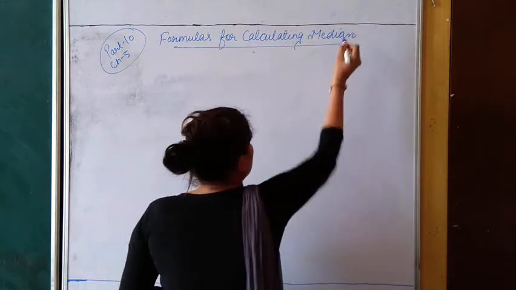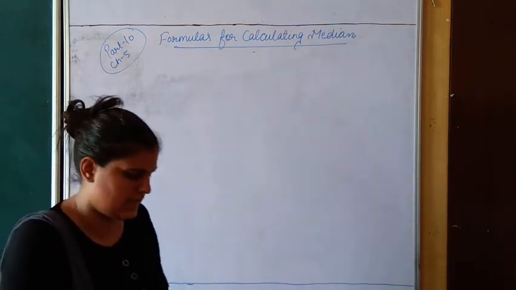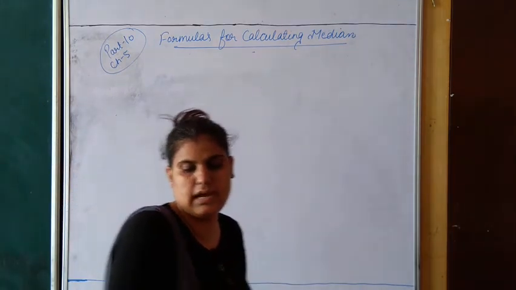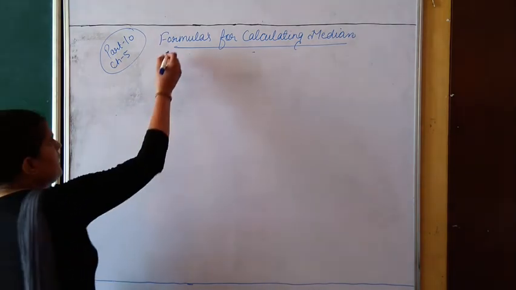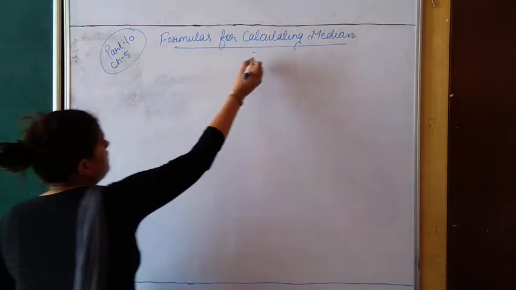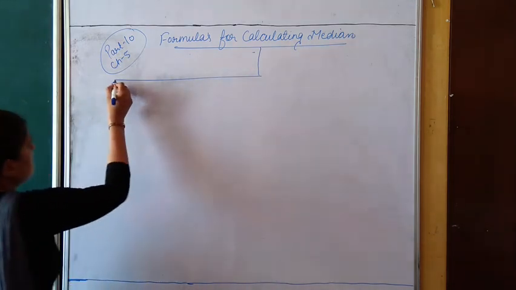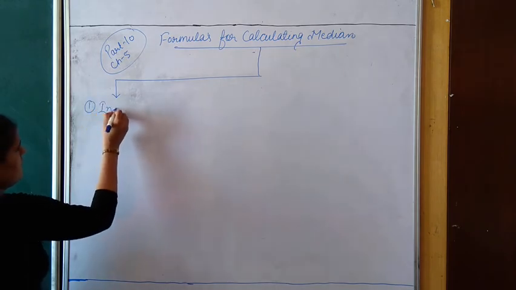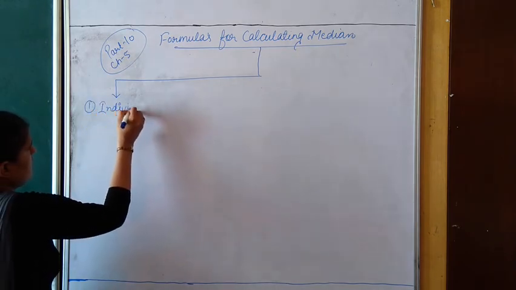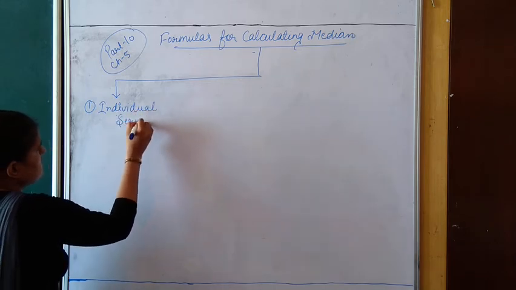As I have told you in mean also, we have three different series, and for each different series we have a different kind of formula. So let me start. First we have the individual series.